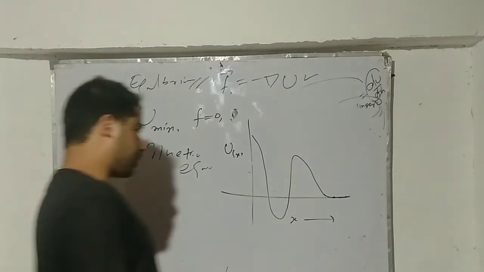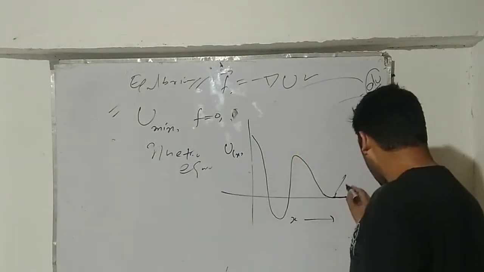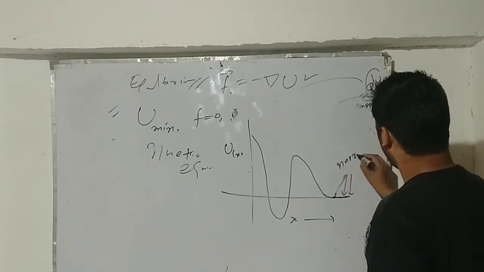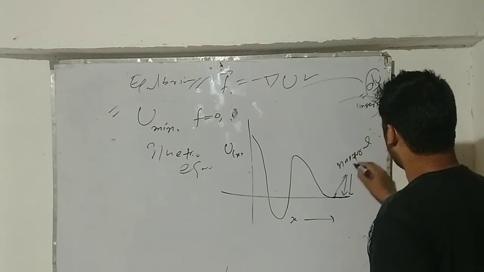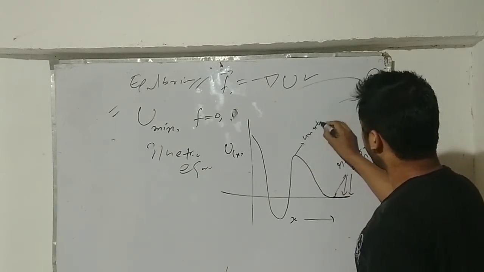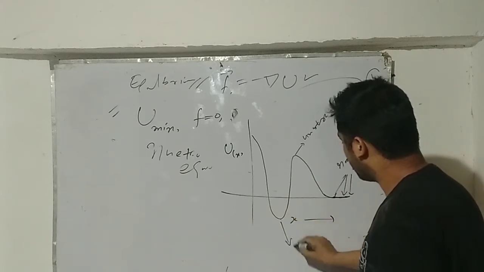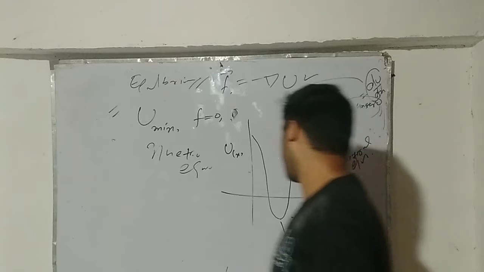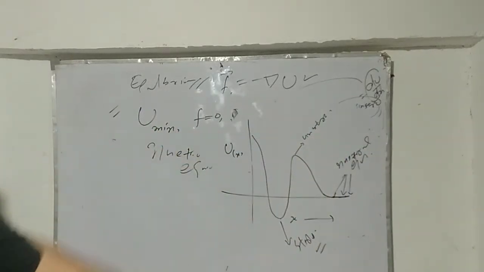So these are what we call neutral equilibrium points. This is my unstable equilibrium point, and this is my stable equilibrium point. A given potential energy curve may have a number of minima and a number of maxima.